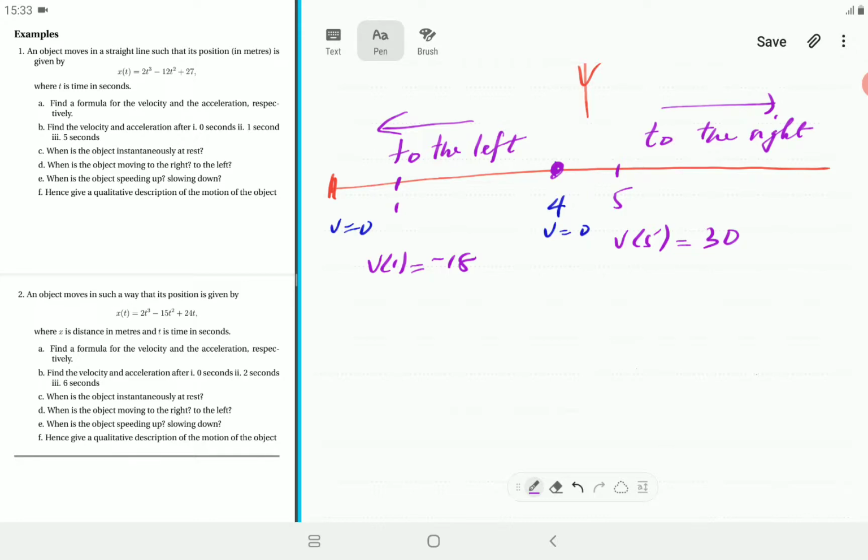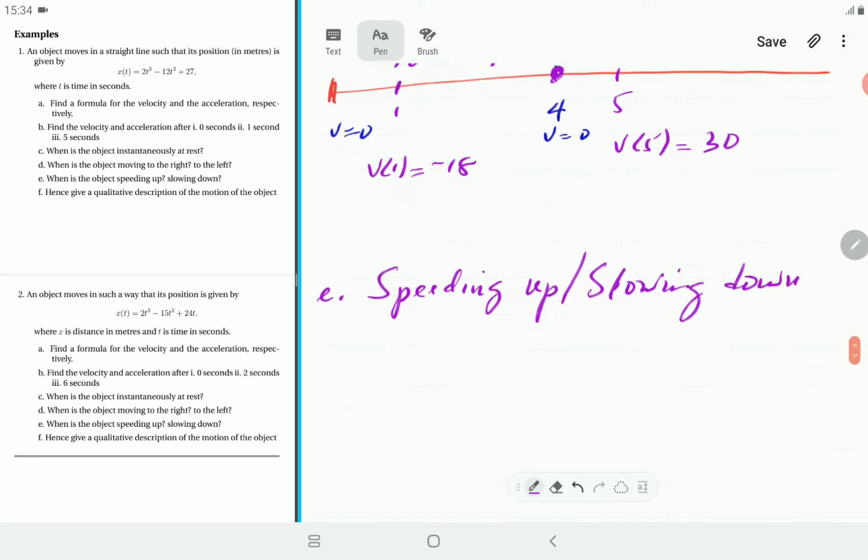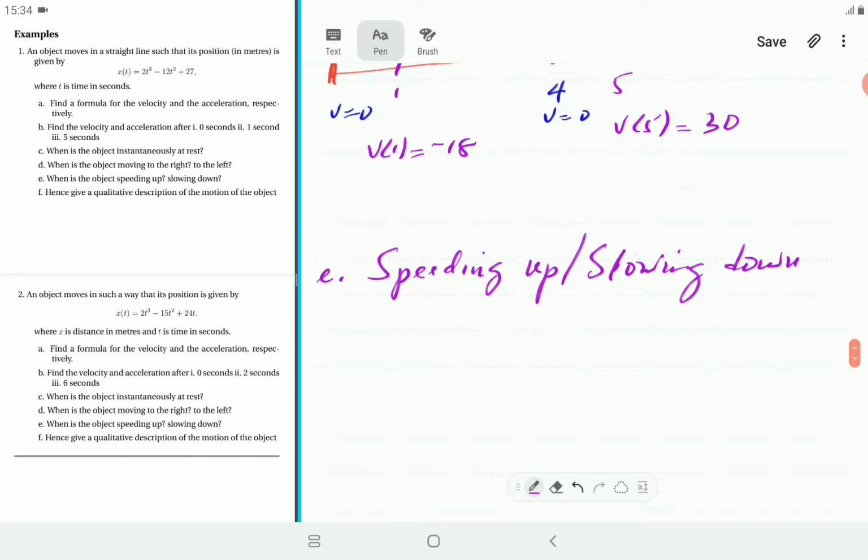Question E is looking for when the object is speeding up and when the object is slowing down. Now, the issue of speeding up or slowing down depends on the velocity and the acceleration.